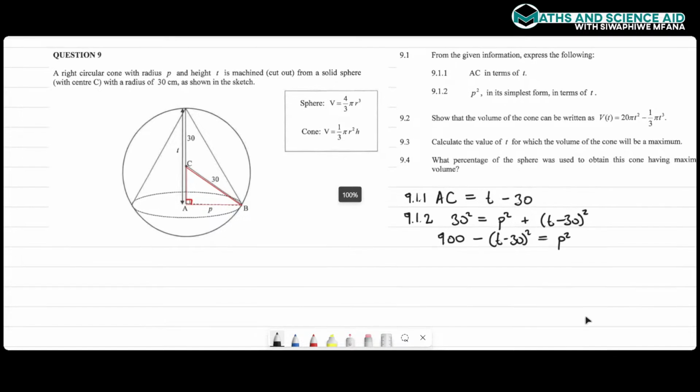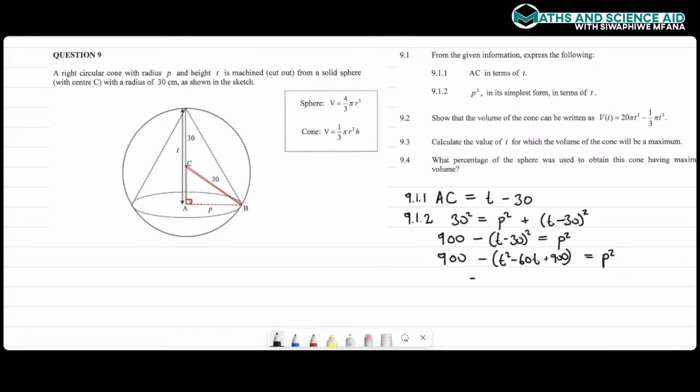Therefore, we need to expand that bracket. So we'll have 900. And then if we expand here, the perfect square will have T squared minus T multiplied by 30 multiplied by 2, that's minus 60T, and then plus 900. So equals P squared. Immediately you can see that the 900 will cancel with this 900, because when we are multiplying the negative into this bracket, we'll get minus 900.